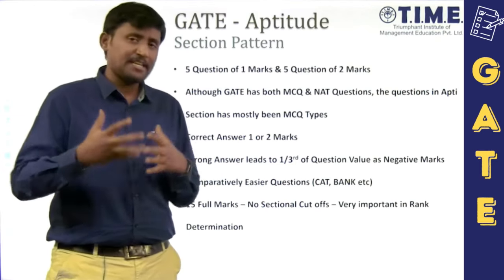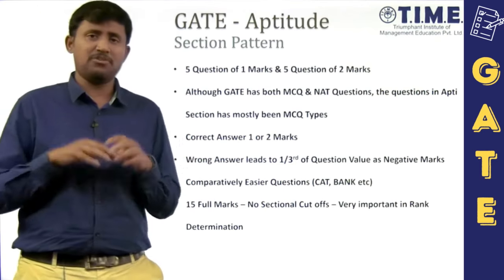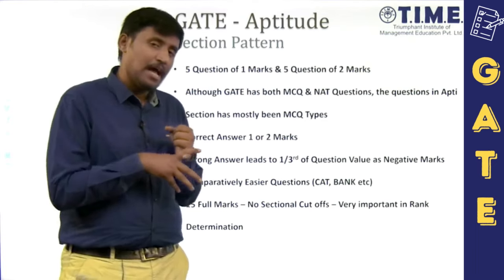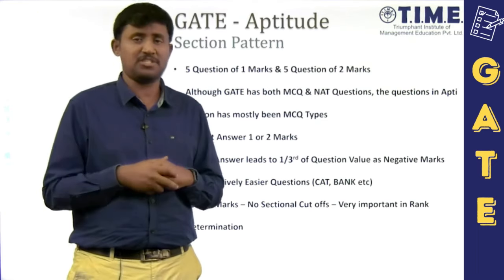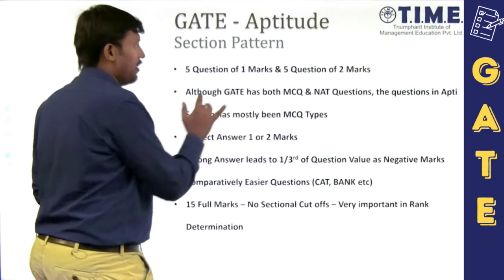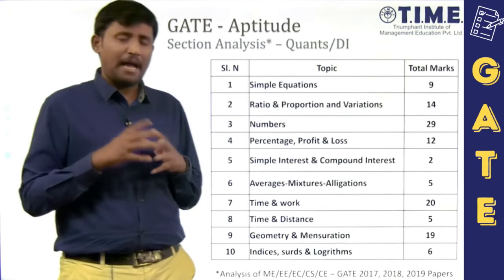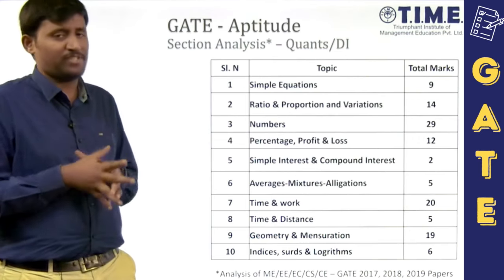Now we'll try to understand what topics are there. Any aptitude can be broadly classified into 3 different sections. One is quants, the other is the DI and LR section, that is, data interpretation and logical reasoning, and the third is the verbal section. What I have tried to do here is analyze over the past few years what topics have been asked in each section.